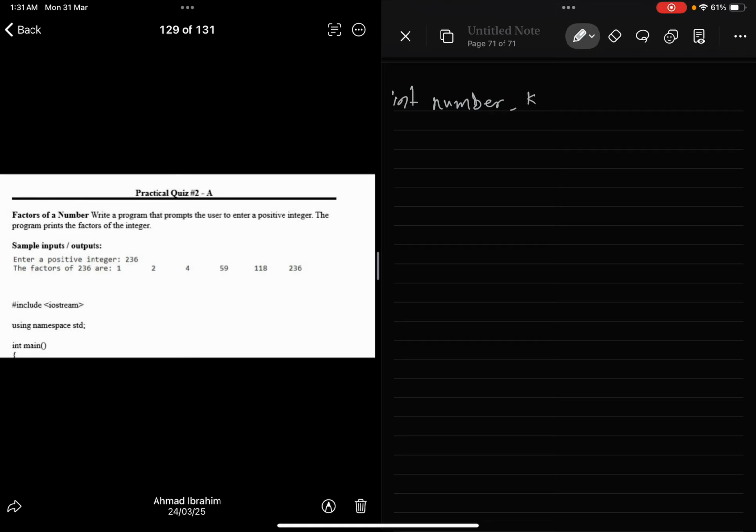So first we have to declare int number, and we can make k equal 1. Cout, enter a positive integer, cin number.